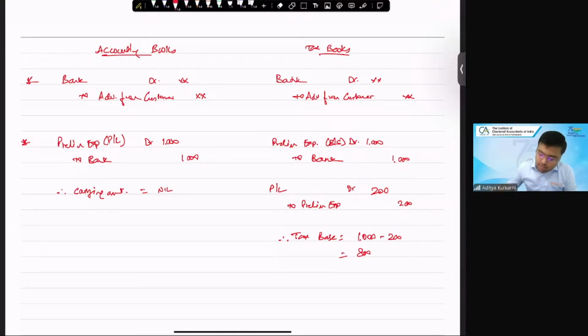So now we are comparing this 0 with this 800. Is this difference a temporary difference? Answer is yes, because this expense will be fully claimed over the next 5 years. It's just a matter of time. So now you will claim 800 of this expense against your future profits. So future tax liability goes down, so it becomes a DTA. That is exactly what is mentioned here. So this is one special case.